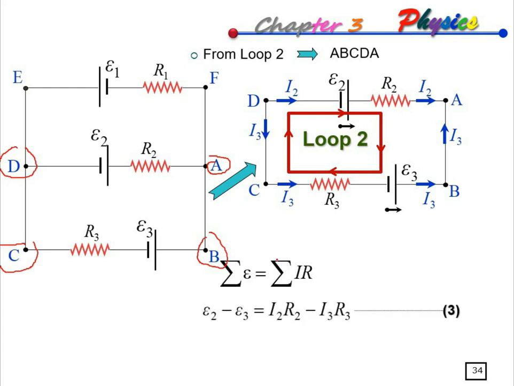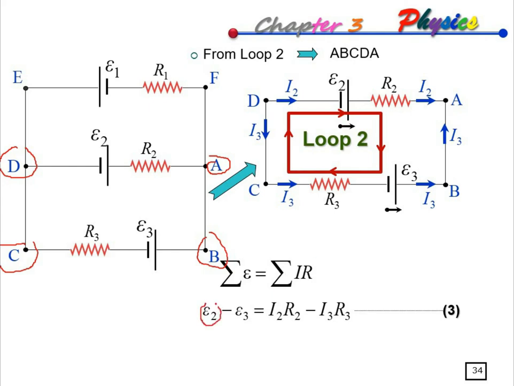We have the equation: summation of EMF equals summation of the product of I times R. The loop goes from the right side to the left side also. For E2, since the direction of the loop and the EMF are the same, E2 is plus.